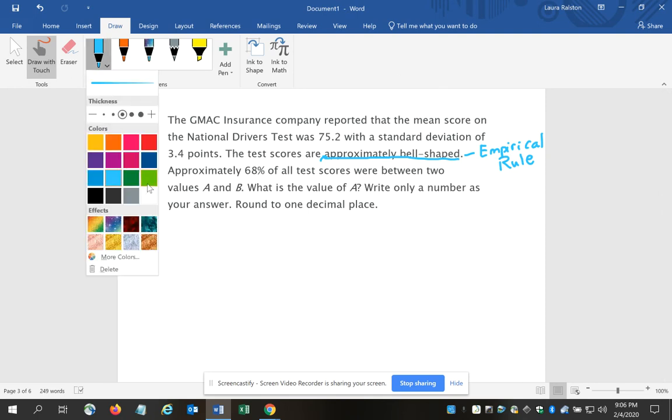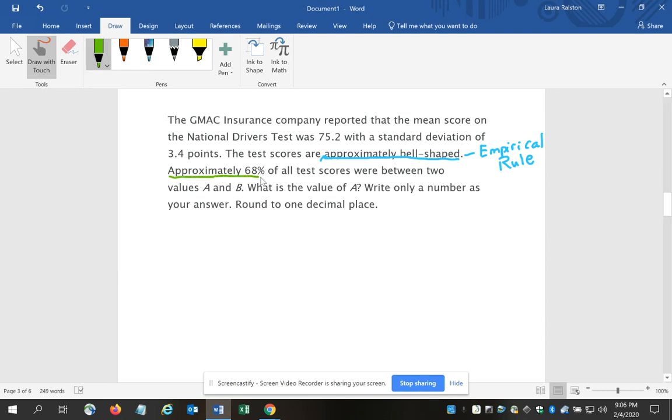Secondly, it says approximately 68%, and we just talked about it, that approximately 68% are within one standard deviation of the mean.